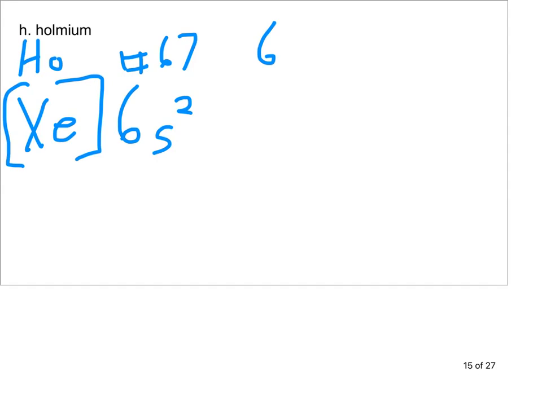F's are off by 2. So not 6f, but 4f. And 4f, and we count over 1, 2, 3, 4, 5, 6, 7, 8, 9, 10, 11. 11th one in that F block.